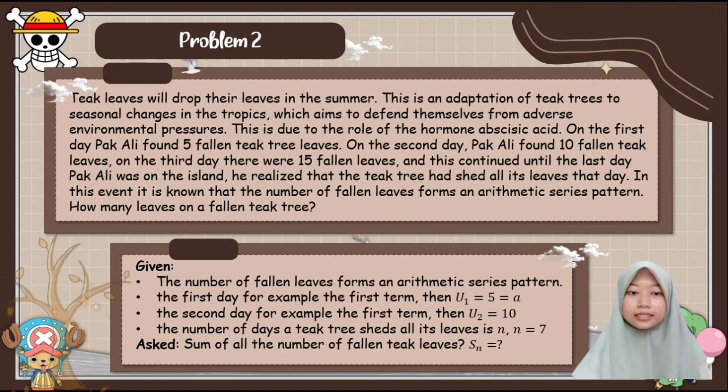He realized that the tree had shed all its leaves on that day, and then we can form the number of fallen leaves into an arithmetic series pattern. So how many leaves are on the tree?